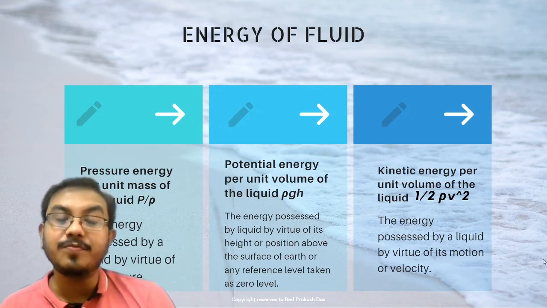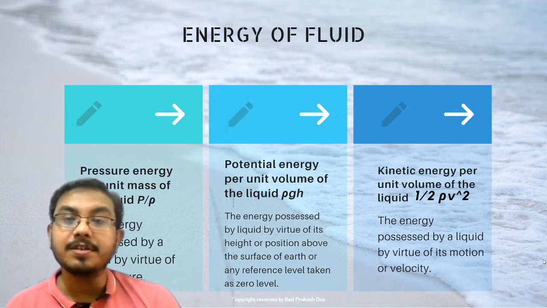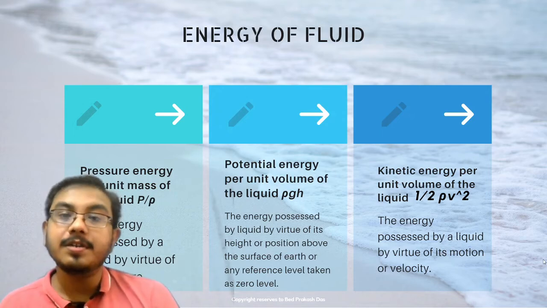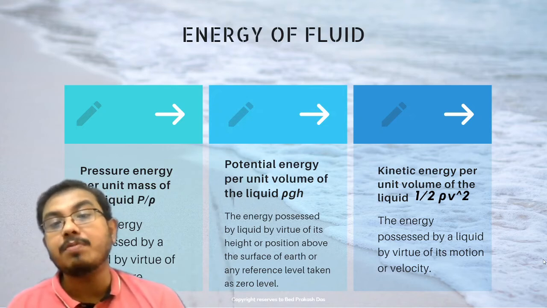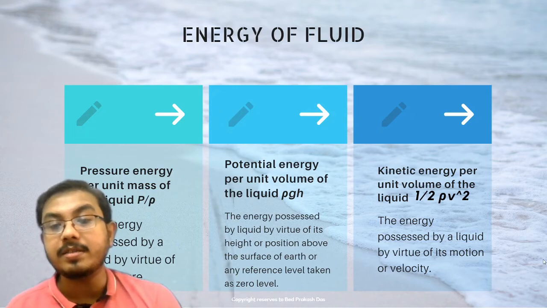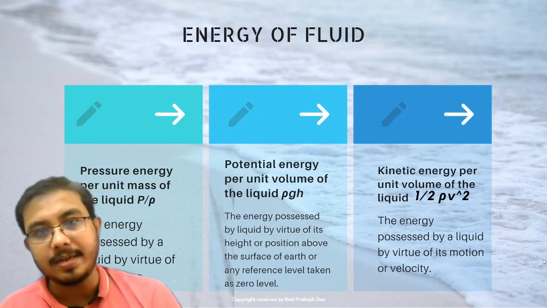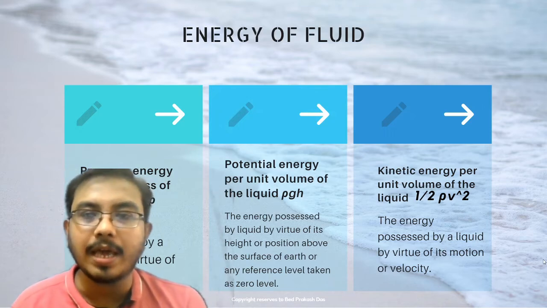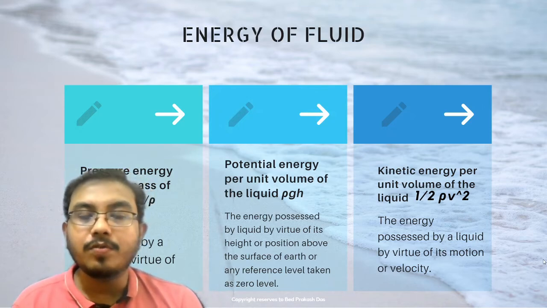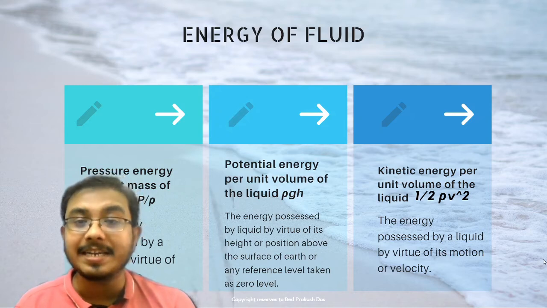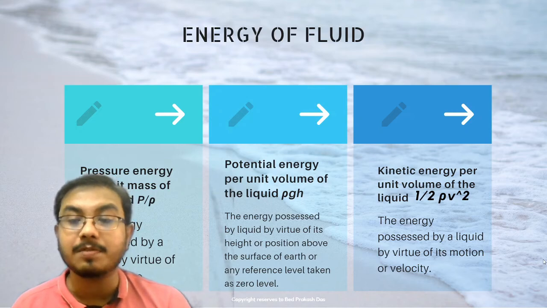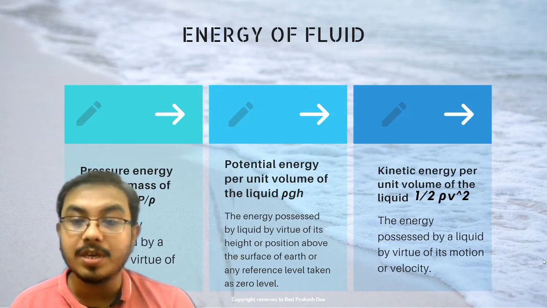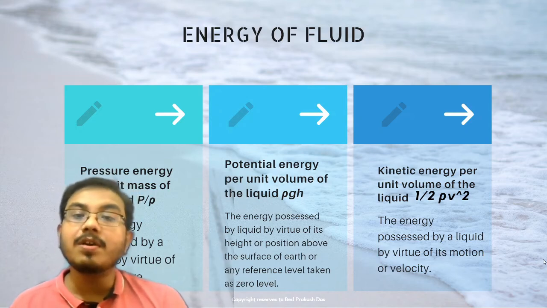The pressure energy is basically the pressure possessed by the fluid per unit mass. For the calculation of static or potential energy of the fluid, it is rho gh, as you can see in the presentation behind. For the kinetic energy, it is half rho v squared, basically the energy possessed by the liquid by virtue of which the fluid achieves its velocity.